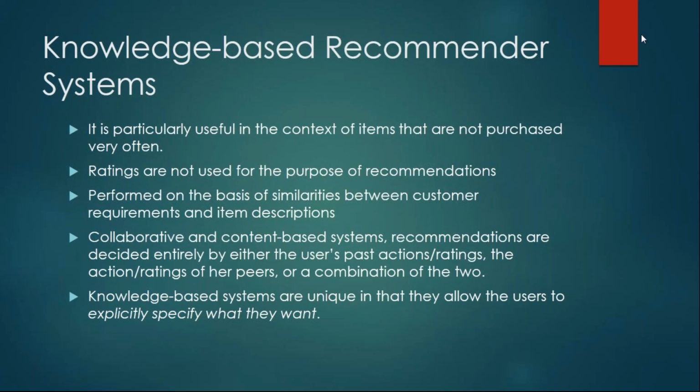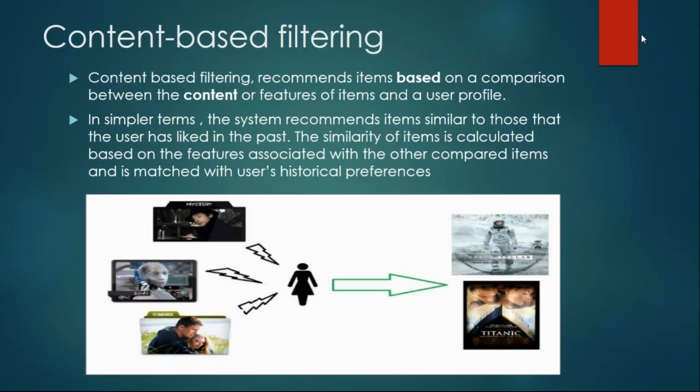In the content-based one, you have a user profile and then you have content: your mystery, your sci-fi, and your other romance. Based on the user profile, out of three, it only gives two movies, because it filters based on the preferences available in the user profile. That is content-based.